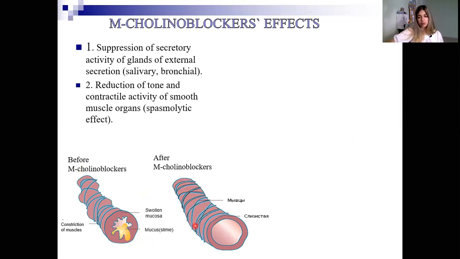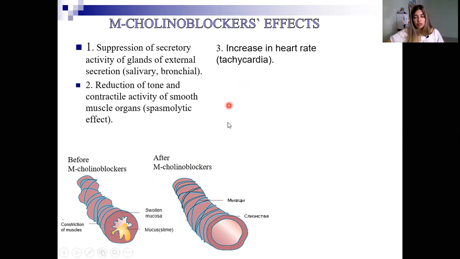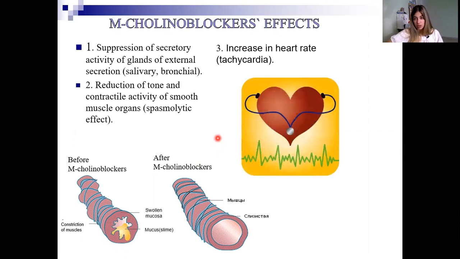And this helps, for example, in case of bronchoconstriction and bronchial asthma. Also, what happens with the heart is an increase in heart rate, because we remember that M-choline mimetics stimulate M-choline receptors, which decrease the work of the heart. And if you block them, the work of the heart will increase, logically, yes?